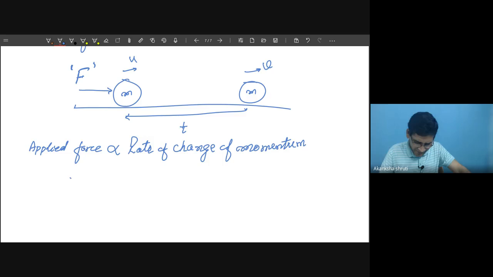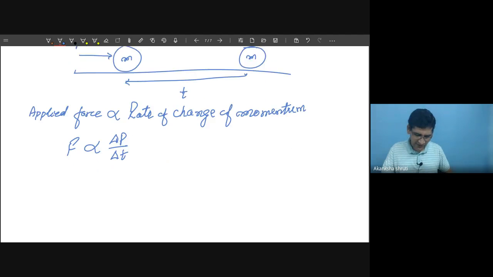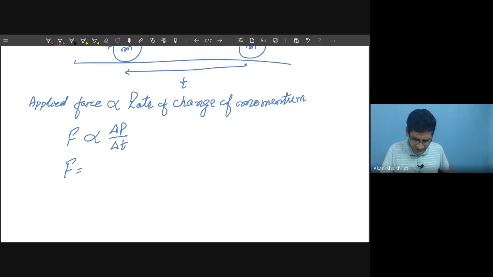So this applied force is denoted by F. Rate of change of momentum, as we have analyzed earlier, is delta P by delta T. Now, for removing the proportionality, we take the value of the proportionality constant K, and it is found that this value of K is 1.